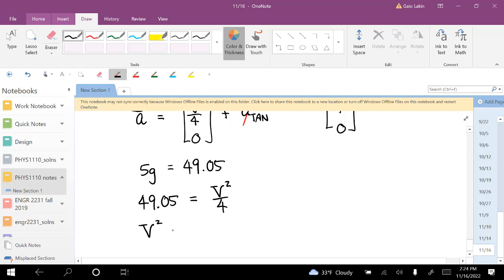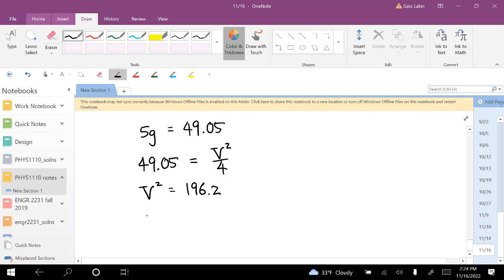So v squared is equal to 196.2. Take the square root and you get v is equal to plus or minus 14.01 meters per second. This is the speed, so speeds have to be positive.